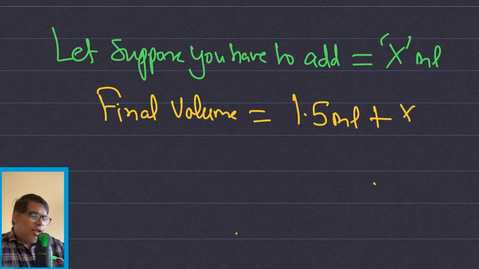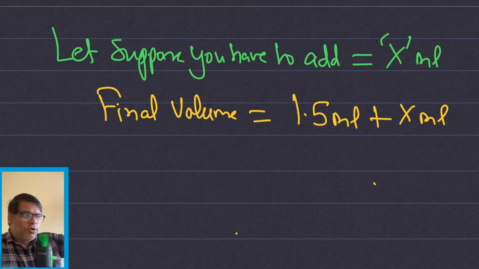Earlier you had 1.5 ml, and into this you have added X ml. So the final volume is going to be 1.5 ml plus X ml. Hopefully this is clear. So this is your V2.